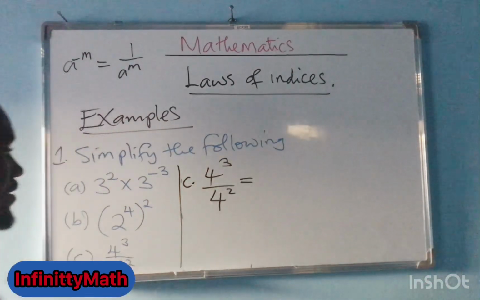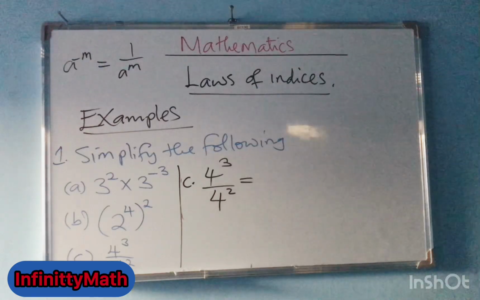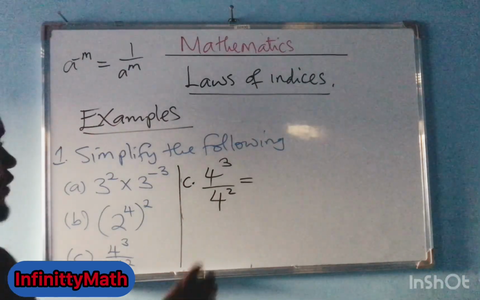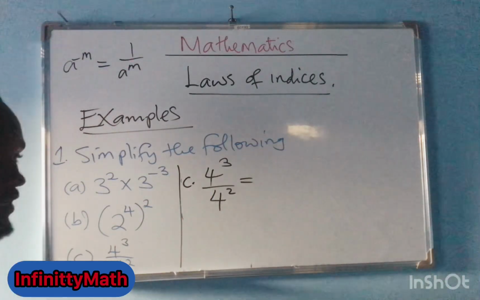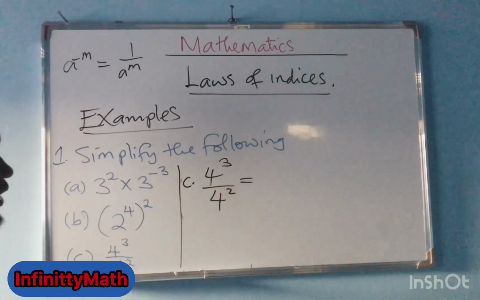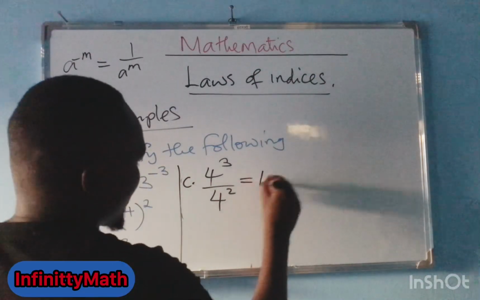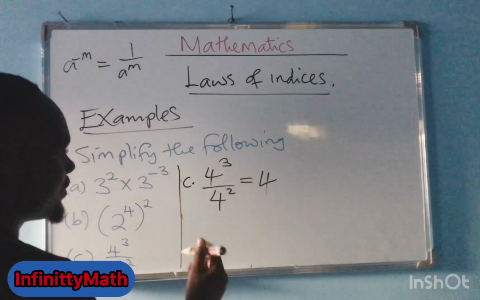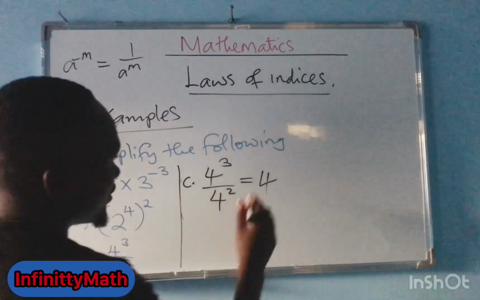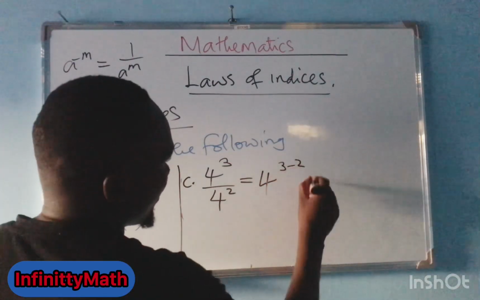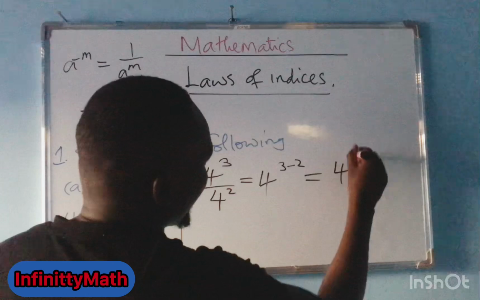If we have bases that are the same, the third law of indices stipulates that we just need to get one base, which is 4 in this case, then subtract the exponents. So this is going to be 3 minus 2, and our answer will be 4 to the power 1.